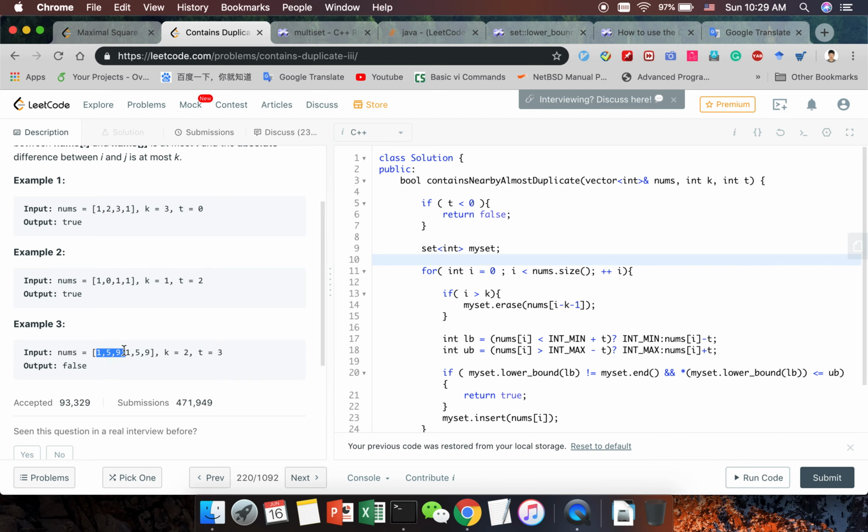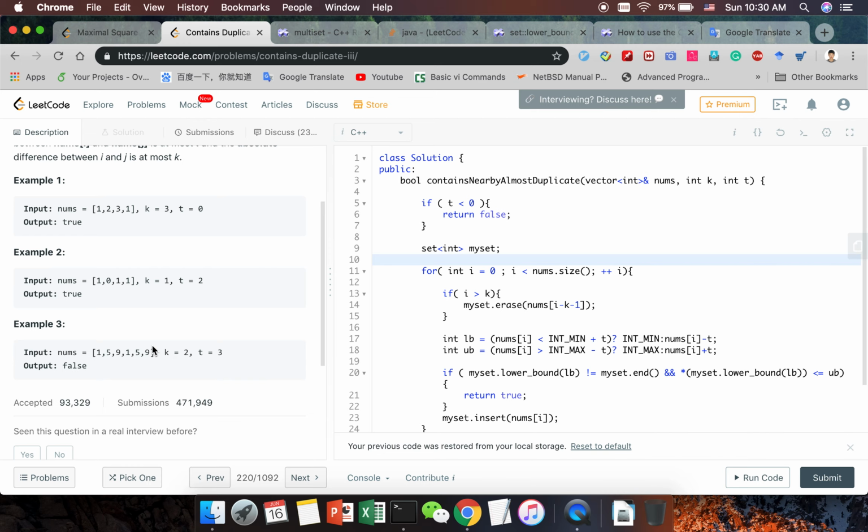But if we cannot find any pair that satisfies the two conditions, then we just need to move our window forward to here. Then we continue to move our window and try to find any pair of numbers that satisfy the second condition. If we cannot find any answer satisfying both conditions, we return false.